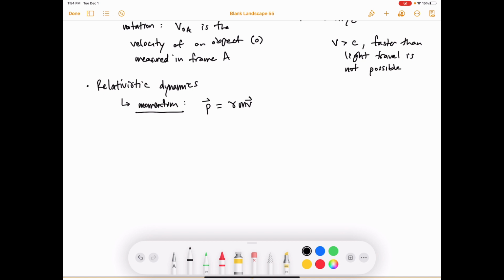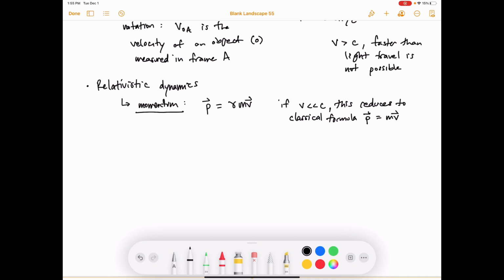Of course, if the speed of our object is a lot less than c, so we're not even close to the speed of light, this reduces to the classical formula, which is p equals mv.